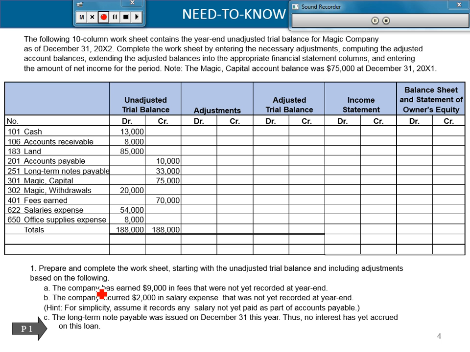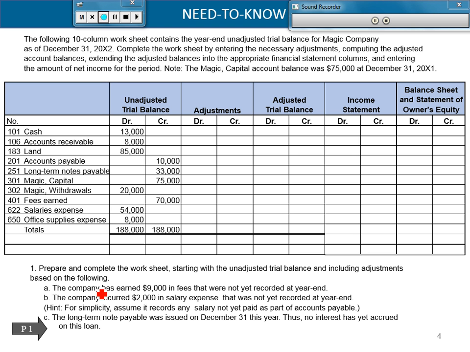So they earned it, which means we classify it as what? Revenue. And they were not recorded. It didn't tell you that they received cash for it, so we have to assume that it is what? Accounts receivable. So what adjustments do we make in these two columns here?